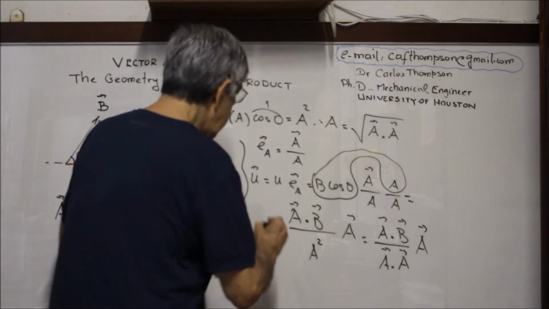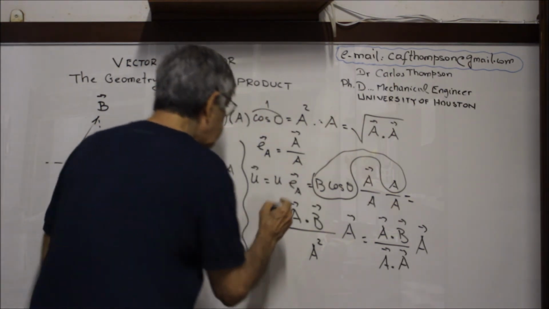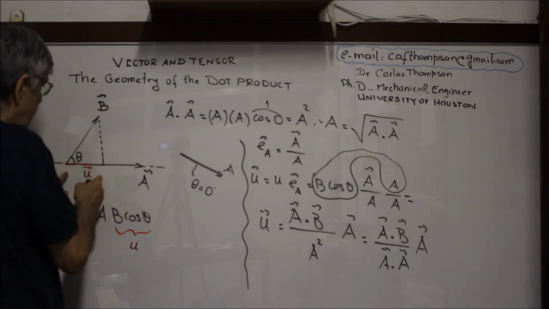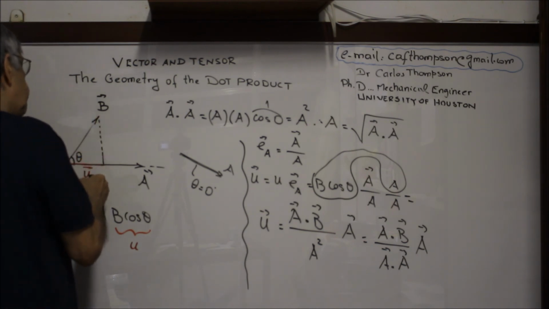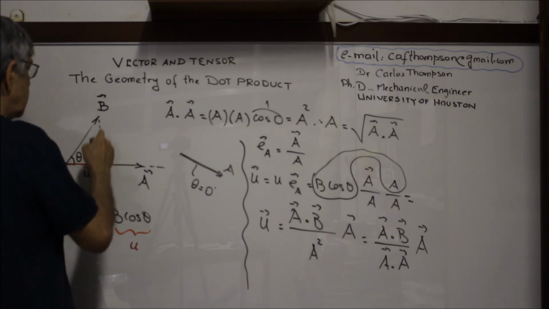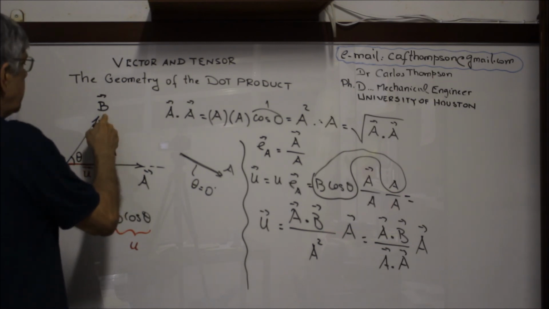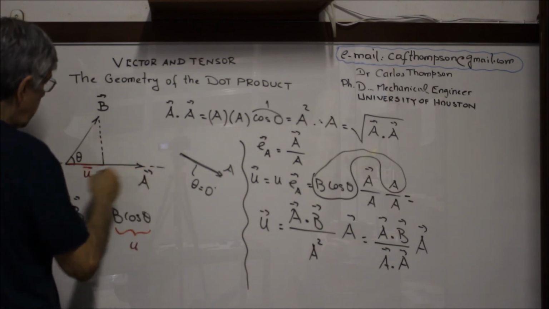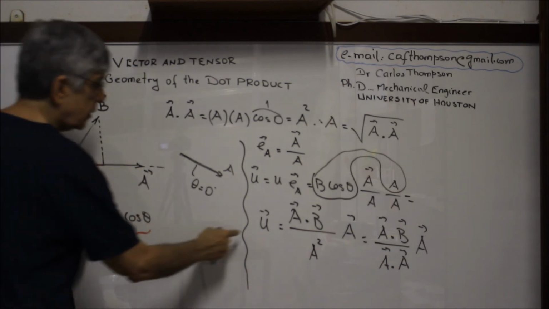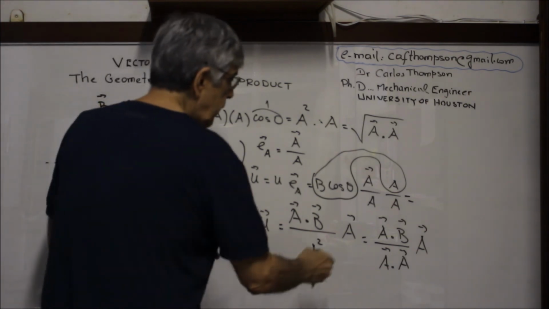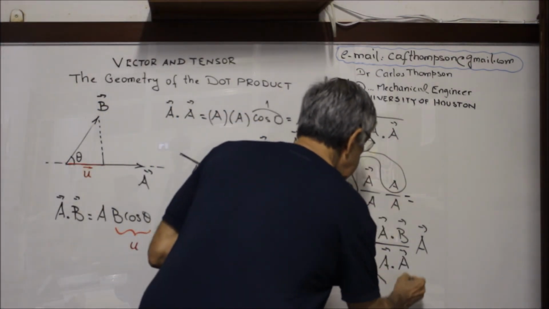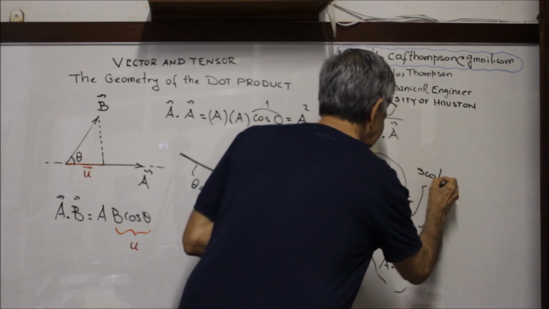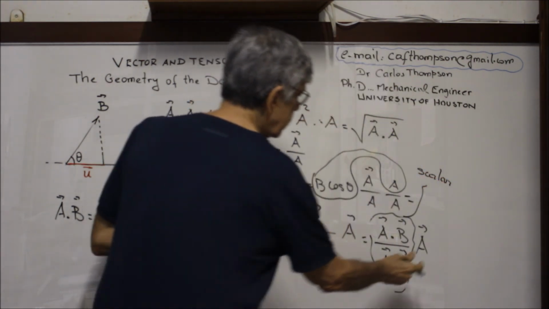That's how to express the vector B projected on the straight line. Here is a vector U. This is a scalar quantity, and this is a vector.